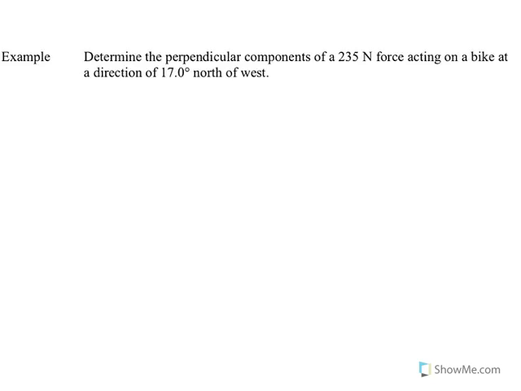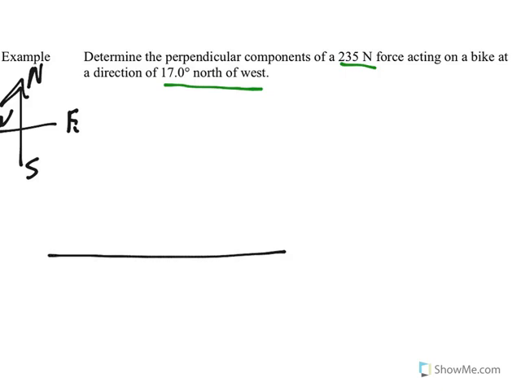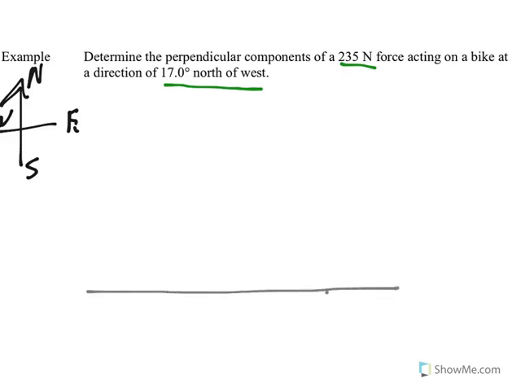Let's look at another one. Determine the perpendicular components of a 235 Newton force acting on a box in direction 17 degrees north of west. Here's our north-south line, east, west, south. Because the angle is north of west, I'm going to draw a line here in grey that's east-west.